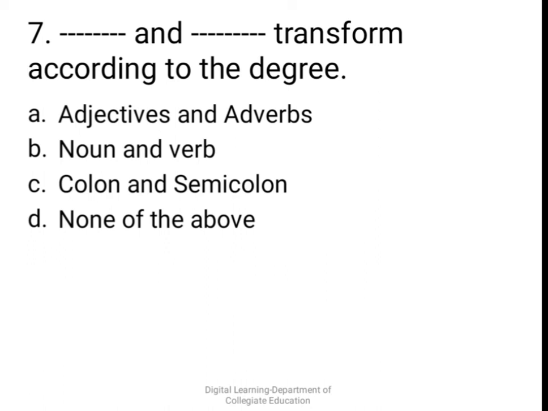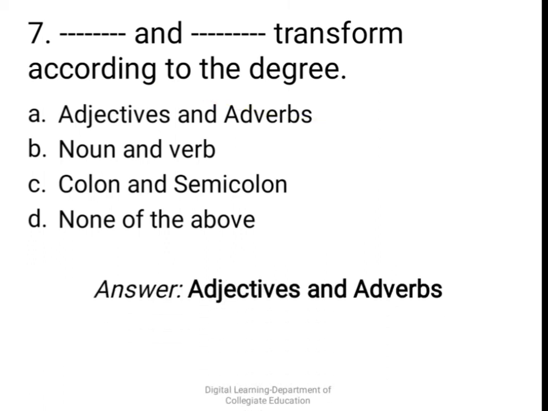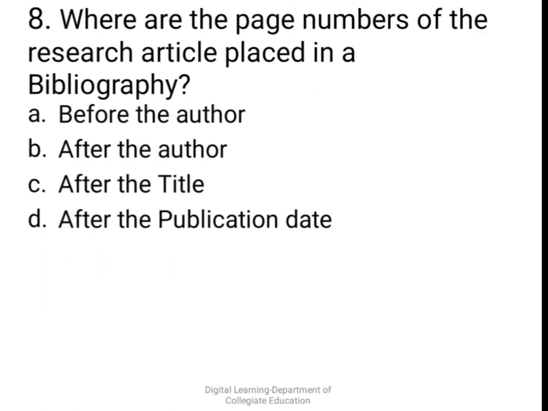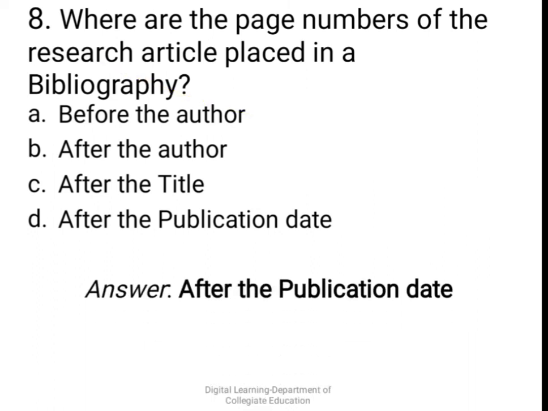The answer is adjectives and adverbs. Eighth question. Where are the page numbers of the research article placed in a bibliography? Before the author, after the author, after the title, after the publication date? So the answer is after the publication date.